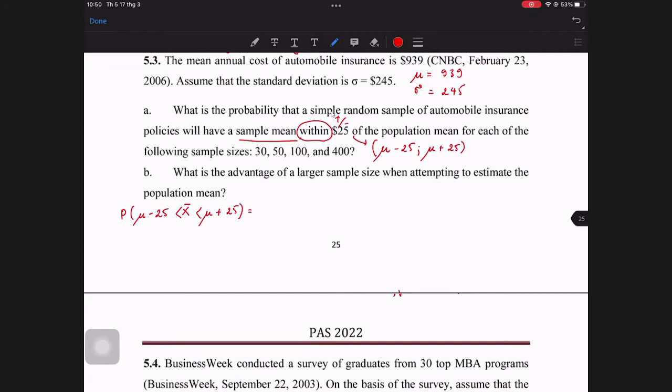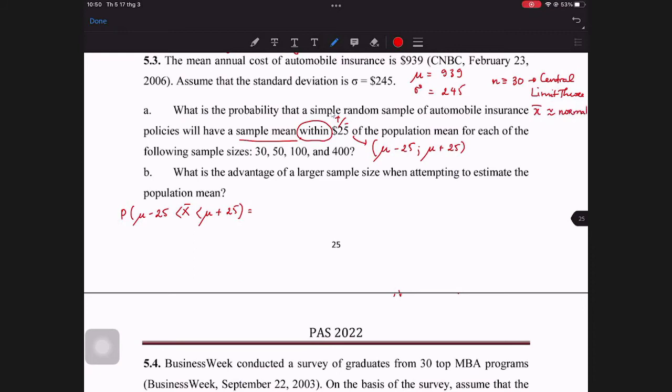Now, remember that in this situation, n equal to 30 is the smallest, so we can use the central limit theorem. And we say that X bar here is approximately normal.